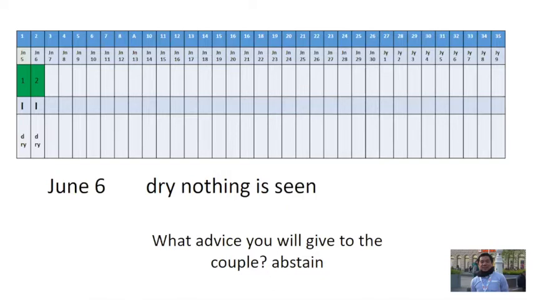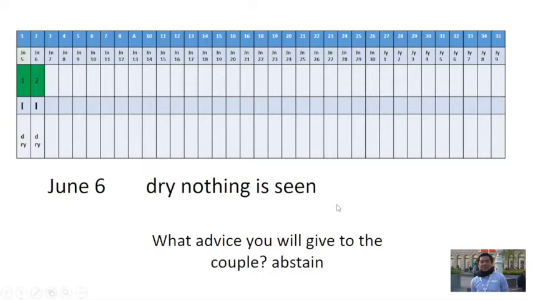Whatever happens on June 4 or before June 5, the most important thing for us to know is the pattern of infertility. We will know that you are truly infertile if the cervix is completely closed. And we want to be sure. That's why we need the 3 days of dry.